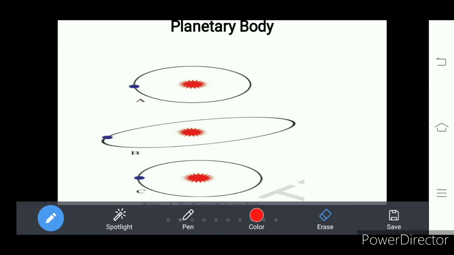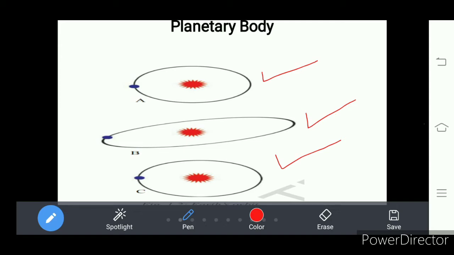Okay, dear students, whether the orbit of the Earth is in this shape, which is shown in figure A, or this is the shape of the Earth orbit, which is shown in B, or it is C, which is shown in C. See, the first one is in a circular path.